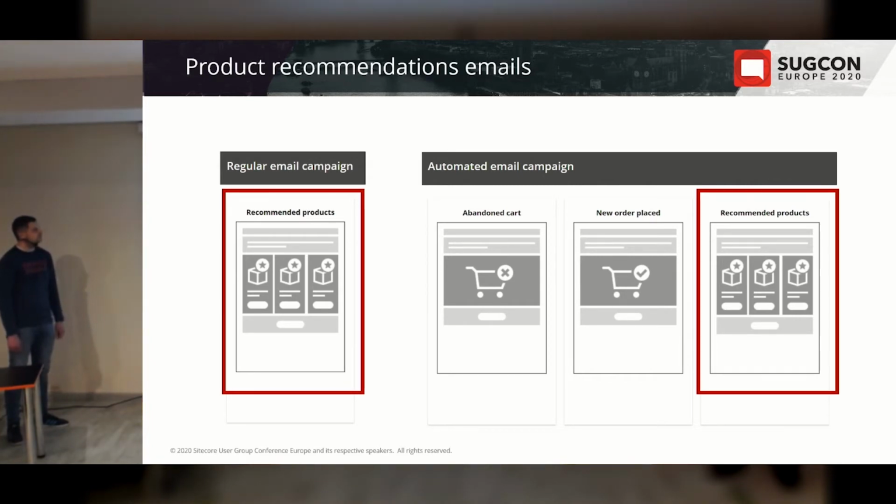The highlighted ones here are recommended products, which Andrew is going to describe in more detail. Those are the major emails available in Sitecore 9.3 out of the box, and you can make use of them in your communication.